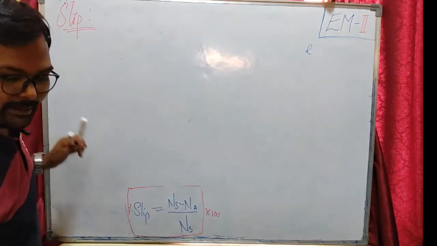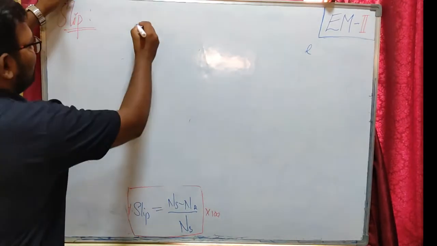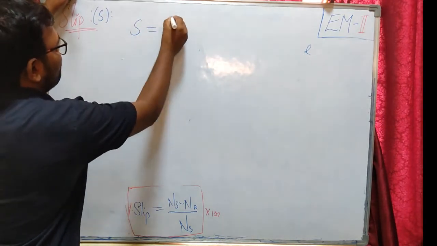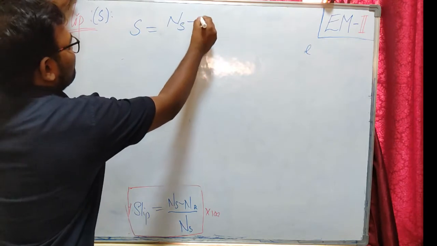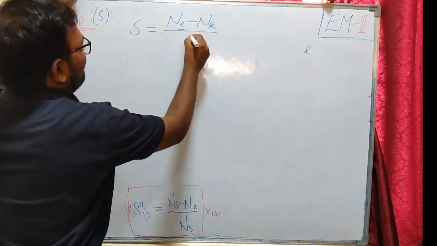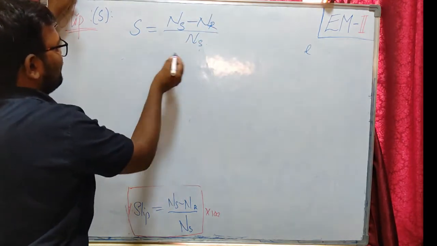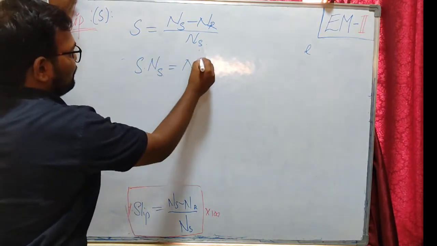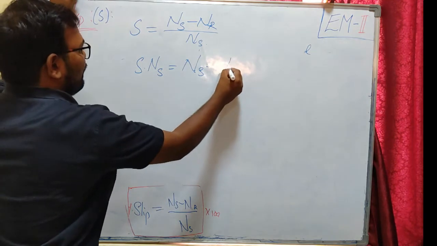So I am writing it again, that slip is represented as S, slip S equal to (ns minus nr) by ns. If I multiply this ns to this side, this will be s into ns, which equals ns minus nr.